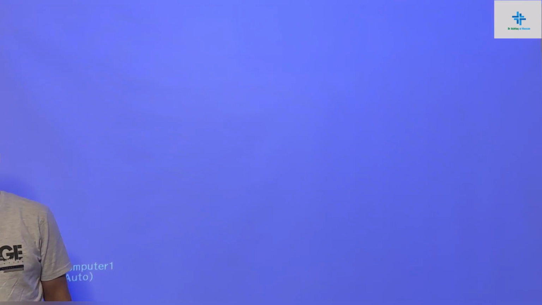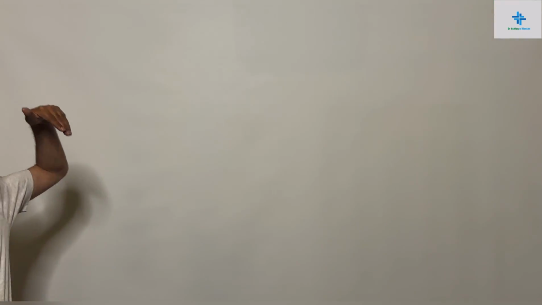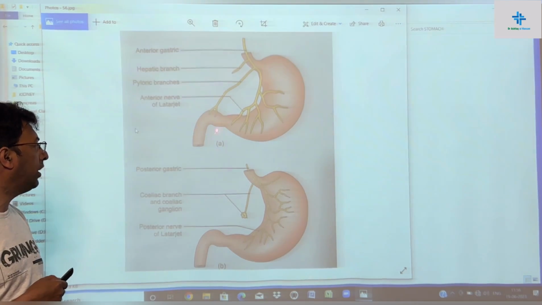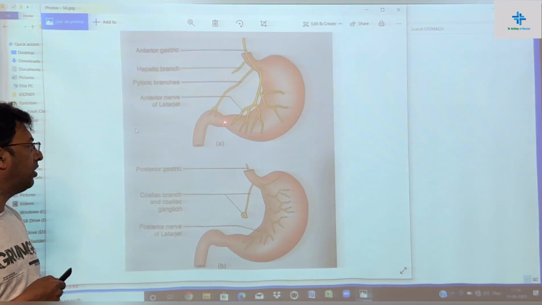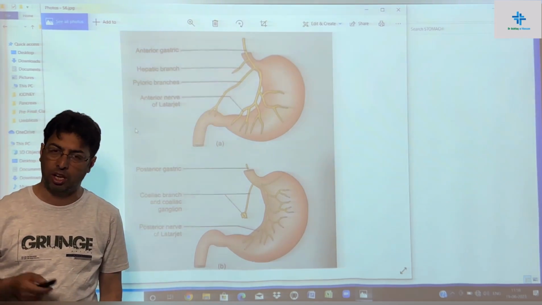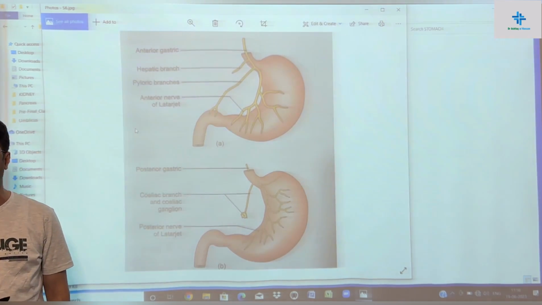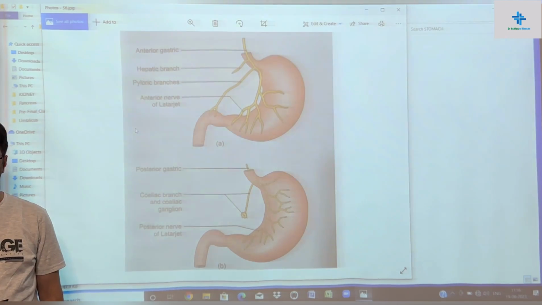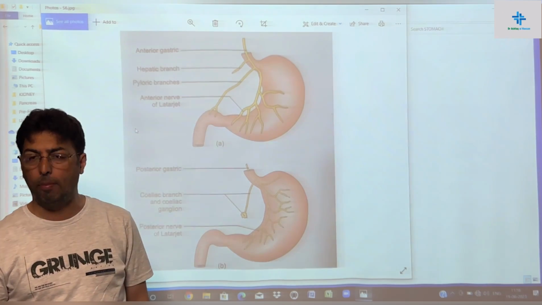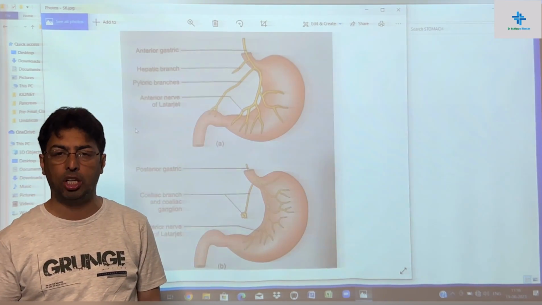They used to cut this part of the stomach, the pylorus, and create a drainage procedure which would facilitate the passage of food down. That procedure was called pyloroplasty, so vagotomy was to be combined with pyloroplasty. That is something about the nerve supply of the stomach, which is very important and had more clinical implications previously.